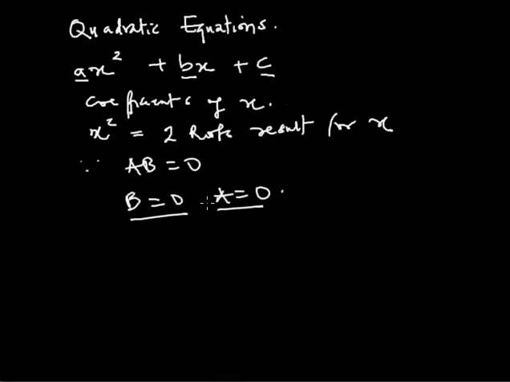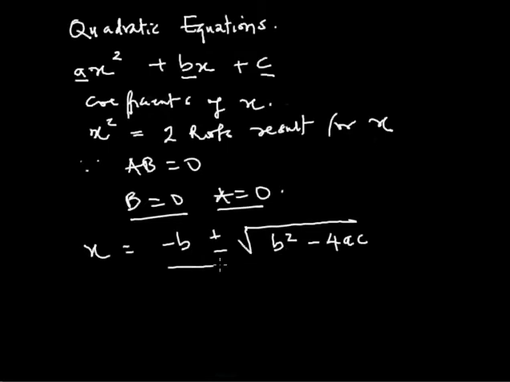Also, there is another formula that can be used to solve this. They call it the almighty formula, and it's in this format. That means solve for x with this formula: x equals minus b plus or minus the square root of b squared minus 4ac, divided by 2a.